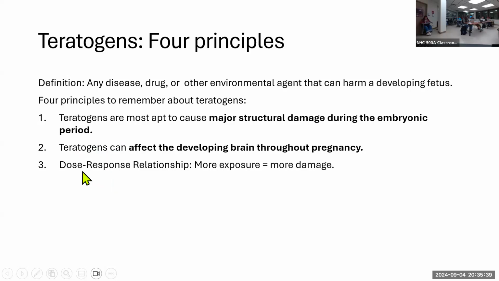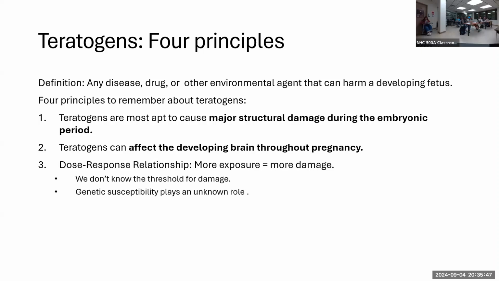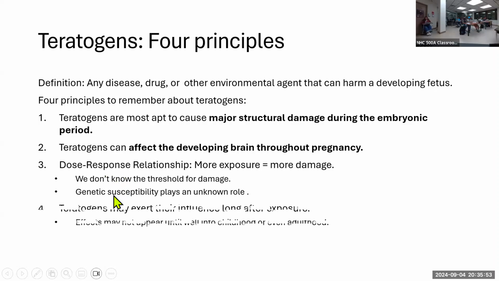Thirdly, there's a dose-response relationship. The more the baby's exposed, the greater the damage. Finally, well, not finally, there's one more after this. We don't know the threshold, and genetics might play a role. And finally, teratogens may influence long after exposure, like I mentioned to you. You wouldn't know about ADHD or learning disability until the child's seven.